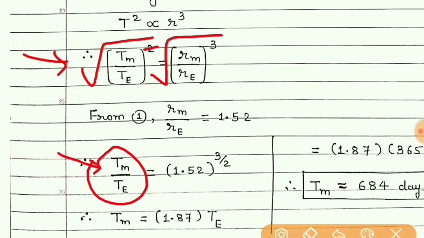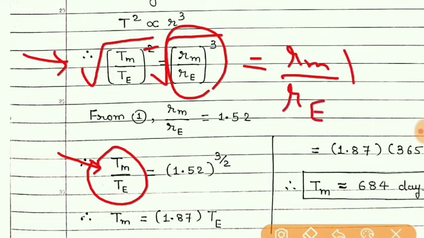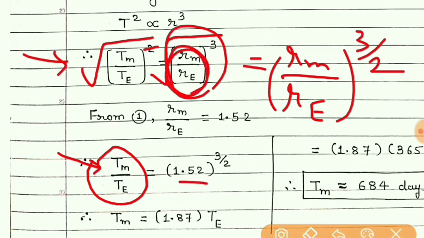But on the right hand side, it will become Rm upon Re raised to 3 by 2, because root means power 1 by 2. That's why we have kept the value of Rm upon Re and taken 3 by 2.